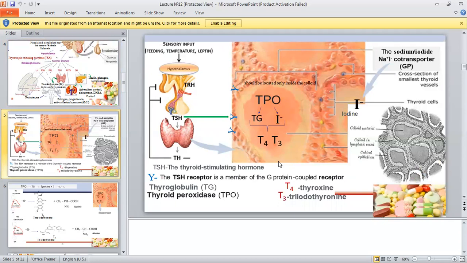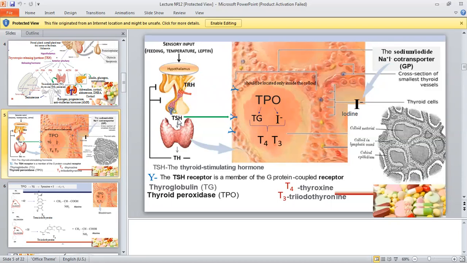Furthermore, this is the general explanation: sensory input, for example feeding or temperature or lifting, acts upon the hypothalamus. The hypothalamus releases a factor which is known as TRH. The TRH acts upon the anterior pituitary, which secretes thyroid stimulating hormone.